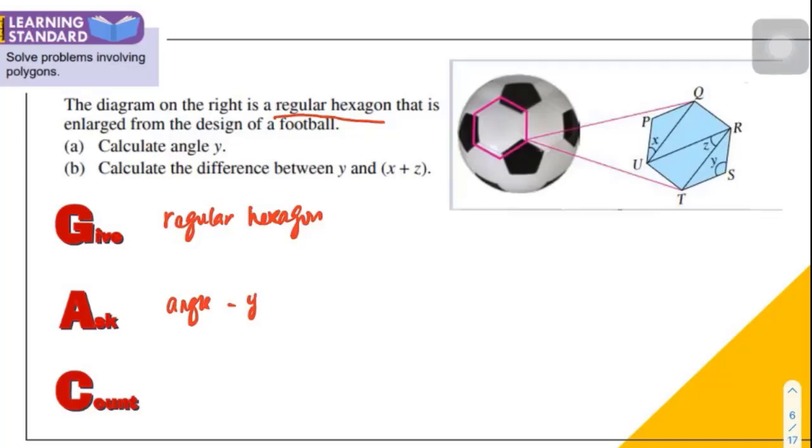The formula that we learned last week in the previous lesson. So what's the formula? N minus 2, times 180, divided by n. Yes, divided by n. So you have to use this formula to find Y.